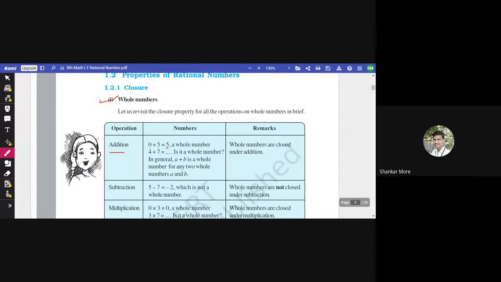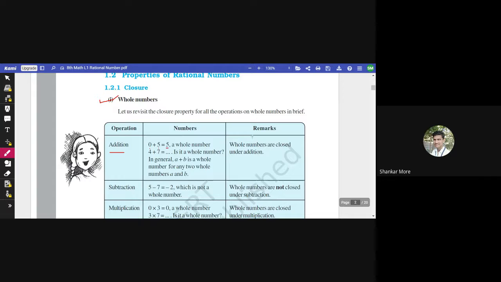Okay, तो इससे हमें क्या समझने को मिला कि see, if we add any two whole numbers, or in general, a plus b is a whole number for any two whole numbers a and b. मतलब किसी भी दो whole numbers को अगर हम add करेंगे तो हमें जो रिजल्ट मिलेगा, that result is going to be a whole number itself.